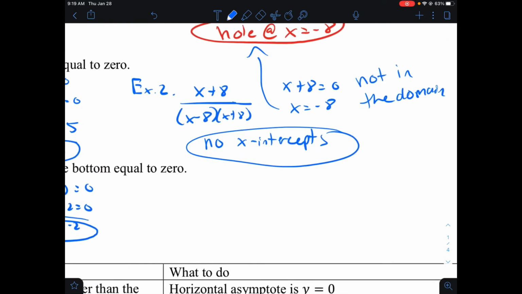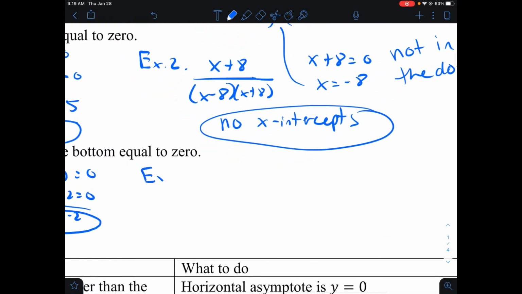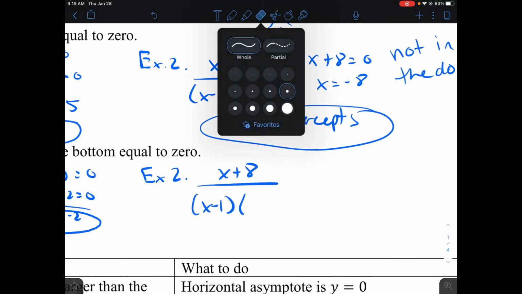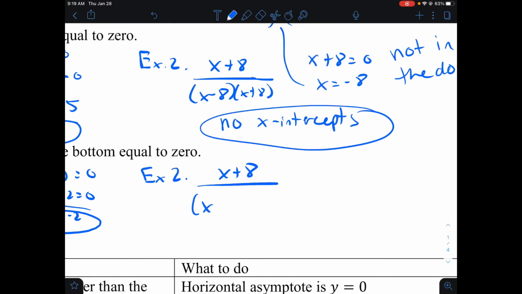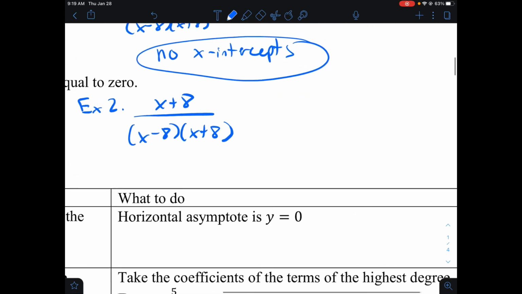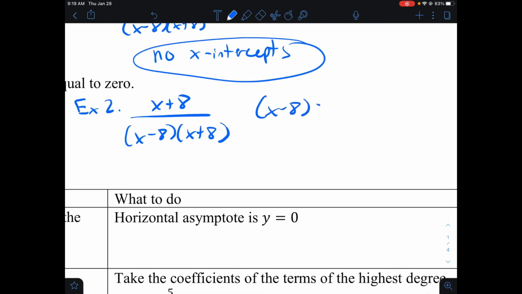So let's go ahead and do example 2. Got x plus 8 all over x minus 8, x plus 8. So again, we have to set the bottom equal to 0, so we get x minus 8 times x plus 8 equals 0. We get x minus 8 equals 0, so x equals 8.